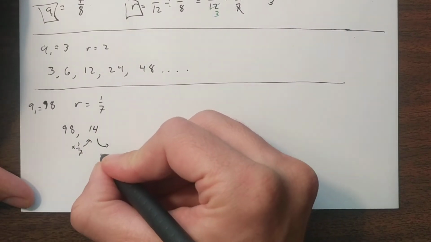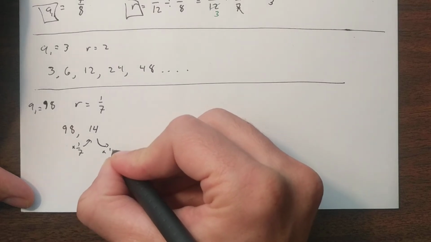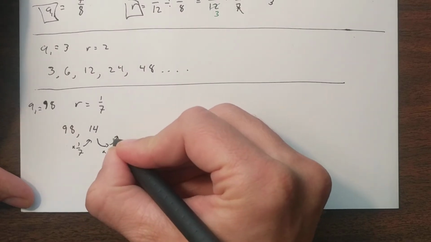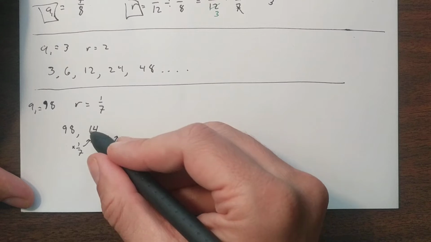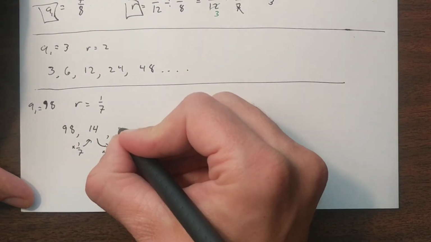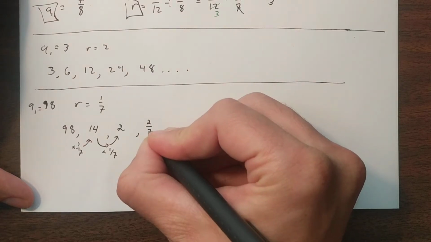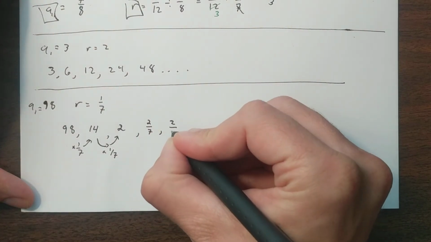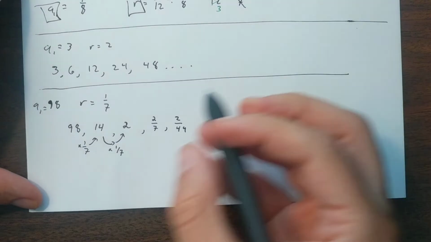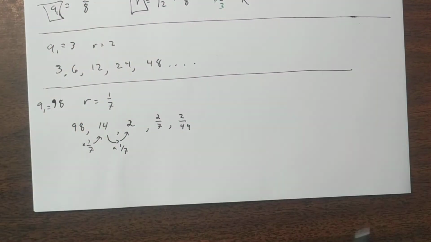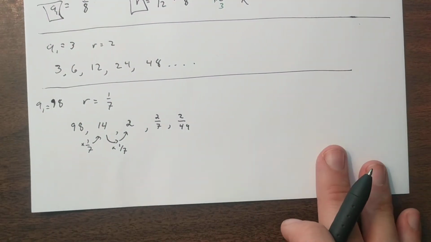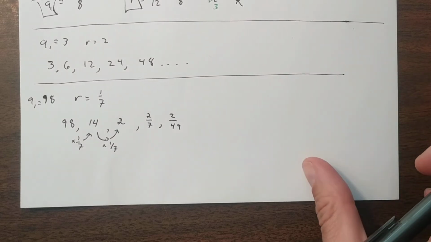Then I do the same thing here, multiplying by 1/7 to get my next term. If I multiply 14 times 1/7, I would get 2. Then I would get 2/7, then 2/49. So that's basically how you do it. You just multiply by the rate. Even if it's a fraction, it's still not that bad. Excellent.